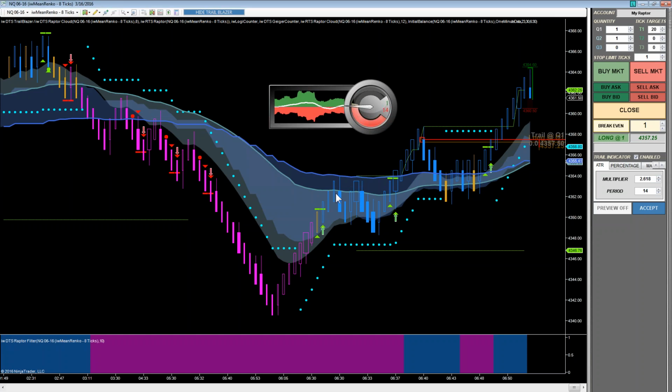So looking back in the chart, I can see that there was a whole lot of volume going on here. And then heavy volume here, at least relative to some of these thin bars that we see. So heavy volume all through this area.